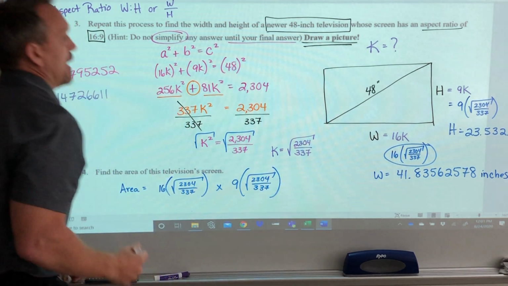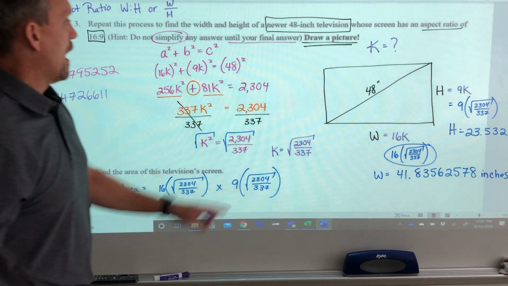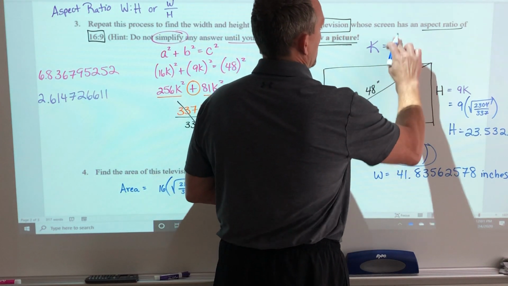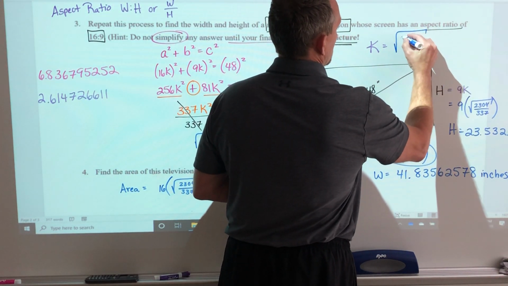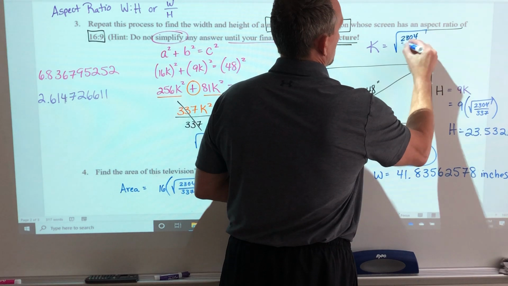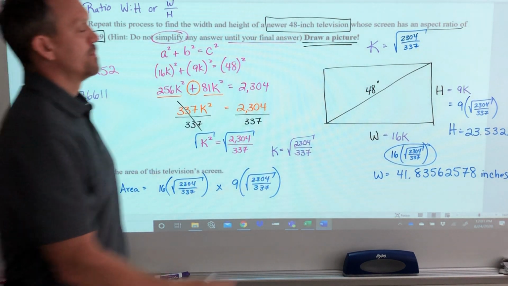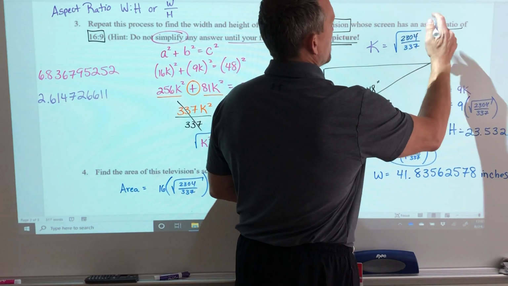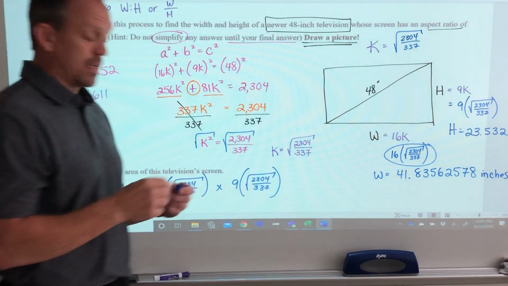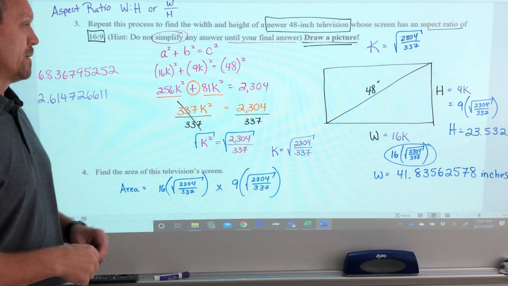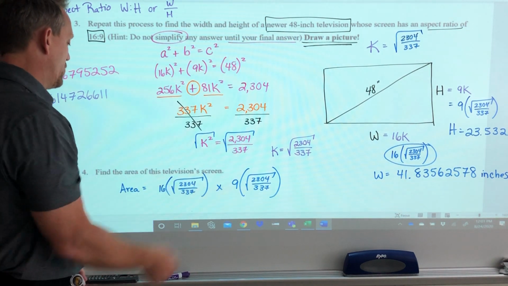Now remember that 5 came out cleaner. Our K up here technically didn't come out so clean. Okay? So you may be asked just to find K sometimes. And it may be rounded off or it may be just like that.